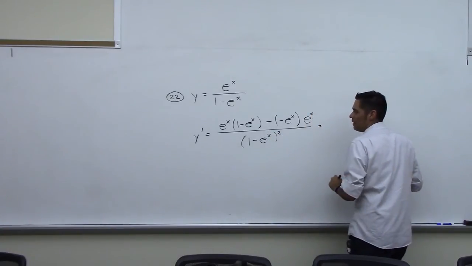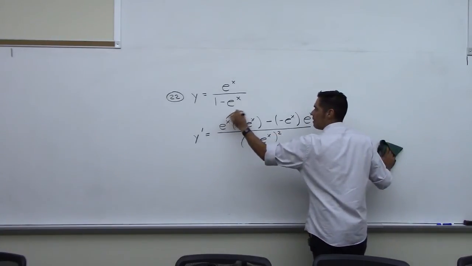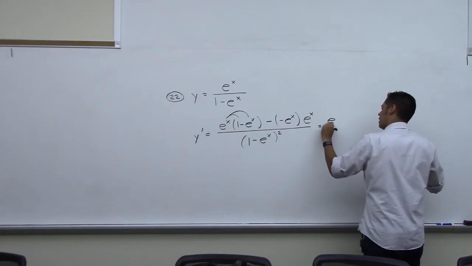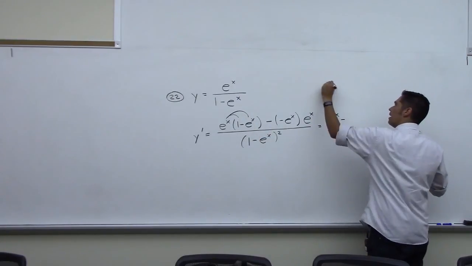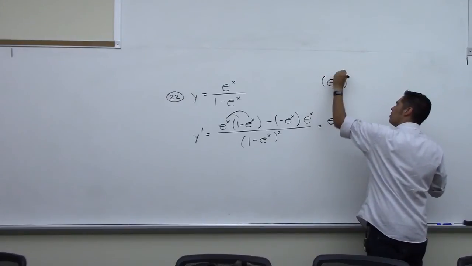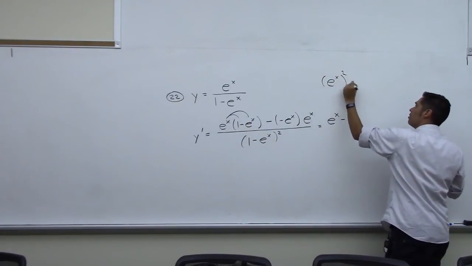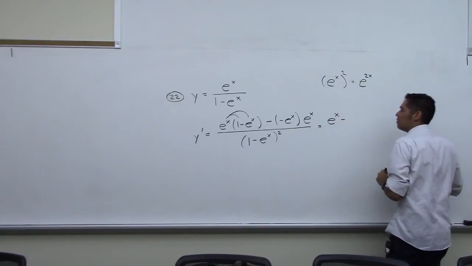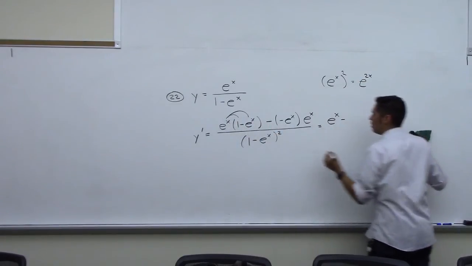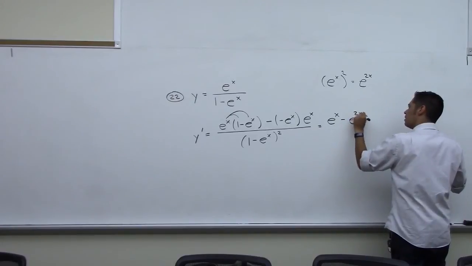All right, let's try and figure out what this is. This is e to the x minus e to the x minus e to the x squared, right? That's what that would mean to multiply it times itself. But if you multiply these two, you get e to the 2x. So that's what that second multiplication gives you, minus e to the 2x.